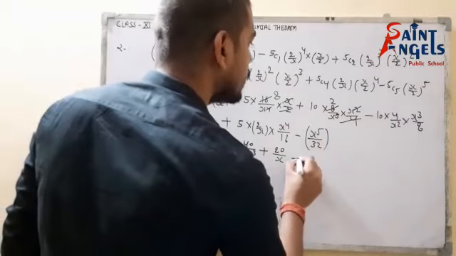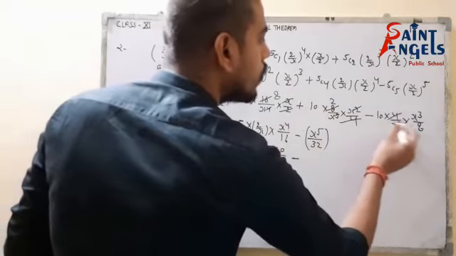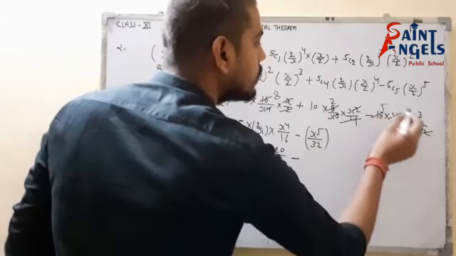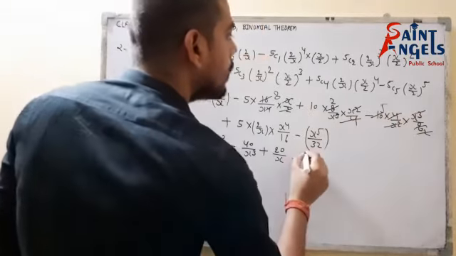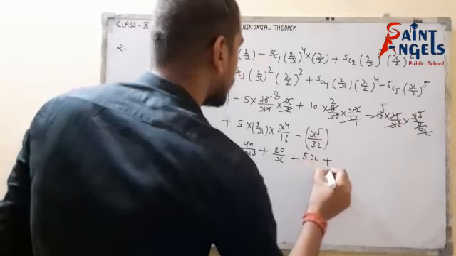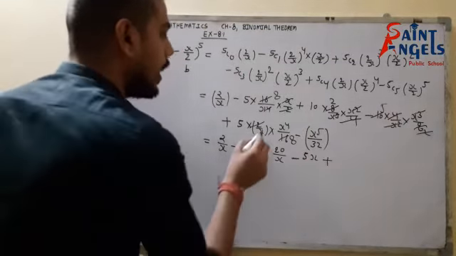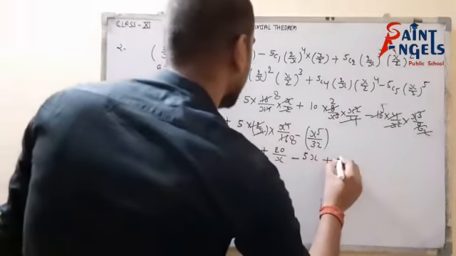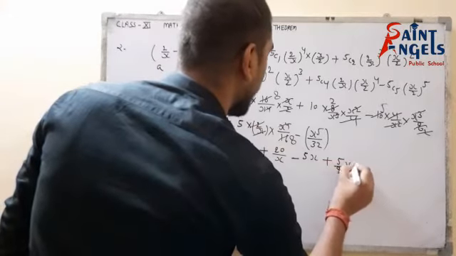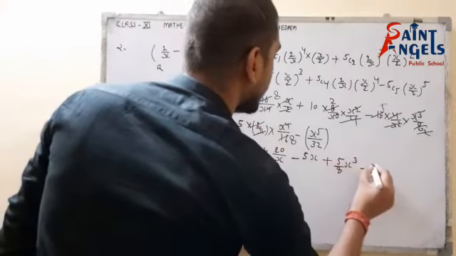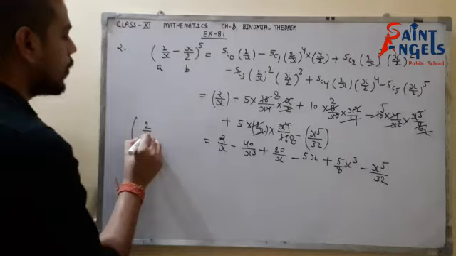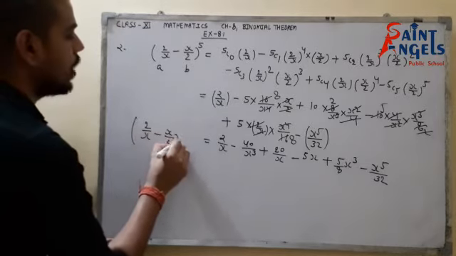Now next it would be equal to 2 times, 5 times, 1 time. So that would be minus 5x, plus it would be equal to 8 times and 3 times. So that would be 5 upon 8 x cube, and that is x to the power 5 upon 32. So this is the expansion of 2 upon x minus x upon 2 to the power 5.